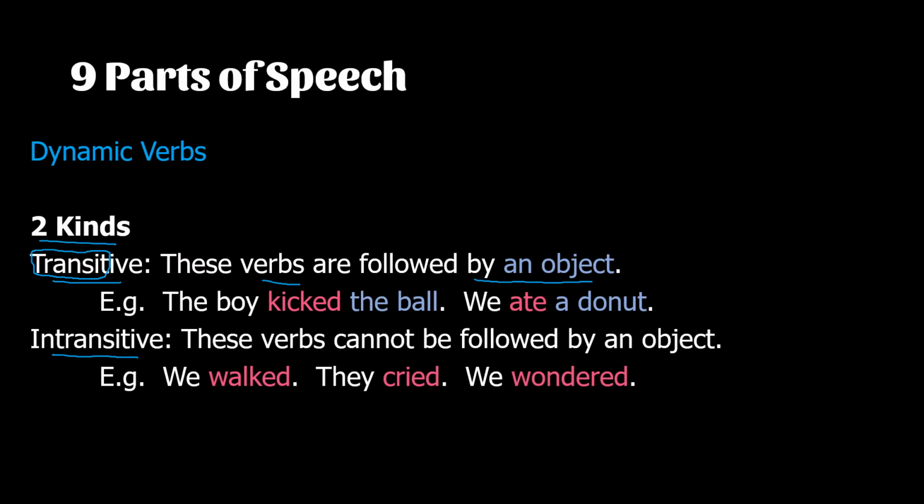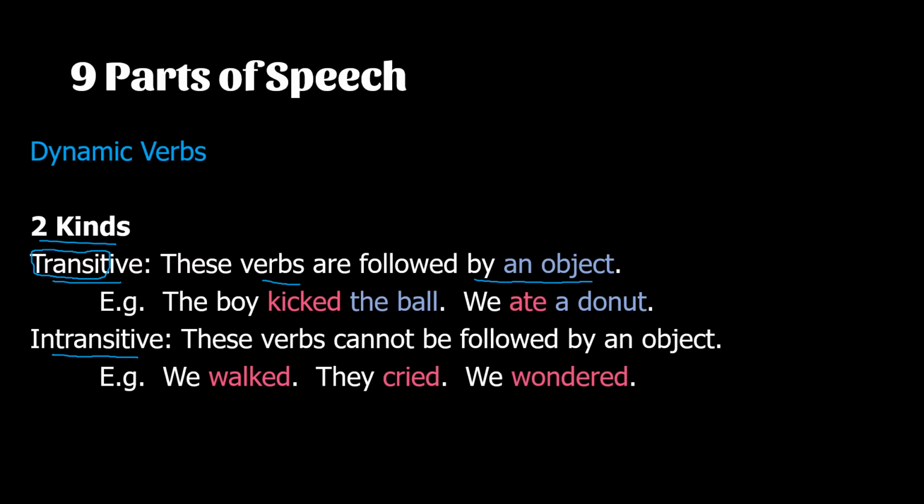Again, the verb eat in this case is transitive. It has an object after it, and it means that the donut was eaten, it disappeared, so something happened to it. So it was in one state of being, which was on the plate, and then it was in somebody's stomach. So that is how things got moved from one state to another.